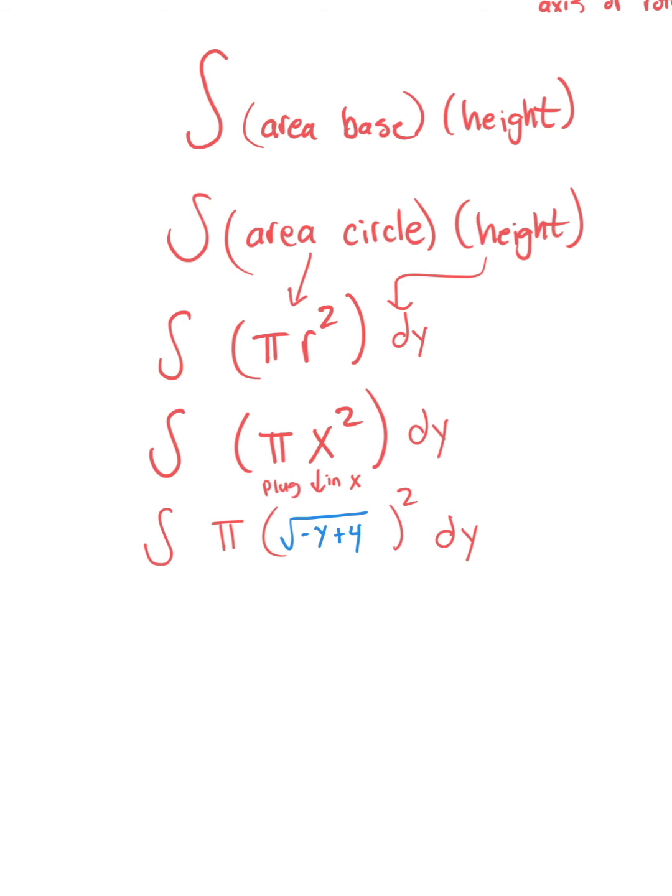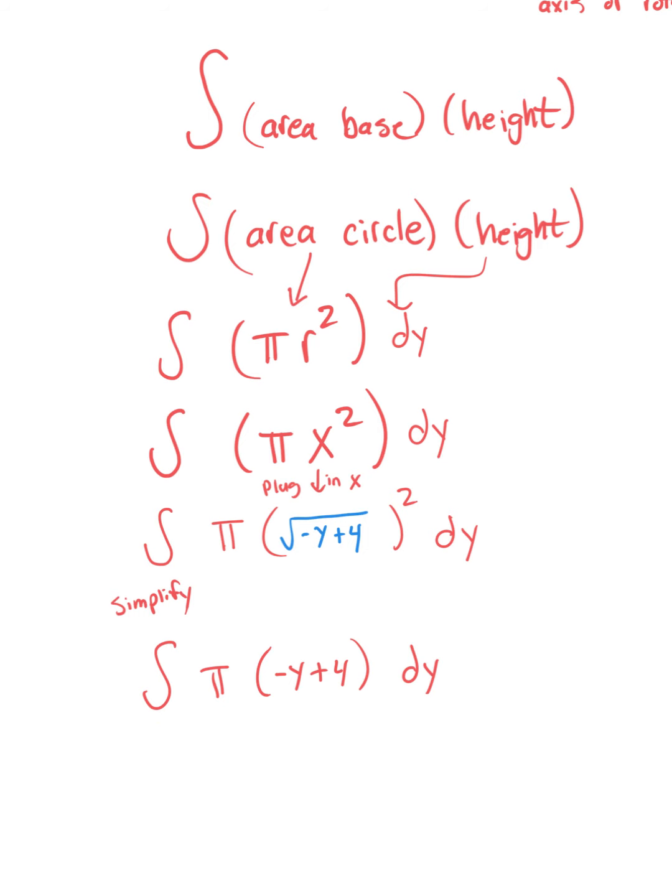Now I can plug that in right here. And that's why you want to leave the square root in, because when you plug it in, that square root and this squared will cancel each other out. So now when we simplify, we just have pi, parentheses, negative y plus 4. Again, the square and the square root cancel each other out, and we are left with what's inside, negative y plus 4.